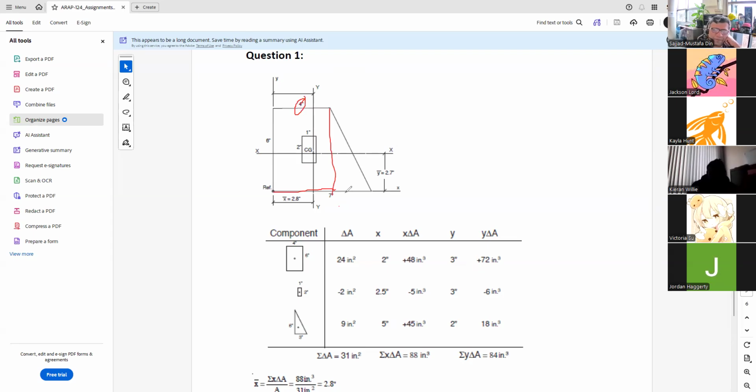And you know that the centroid for a triangle is 1/3 of the base in this direction. The centroid is somewhere here. So it's going to be 4 plus 1/3 of 3. Why is it 1/3 of 3? This is 3. So this is 4, this is 1, it should be 5.